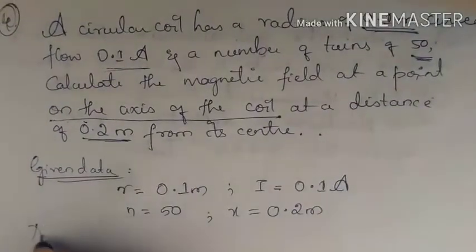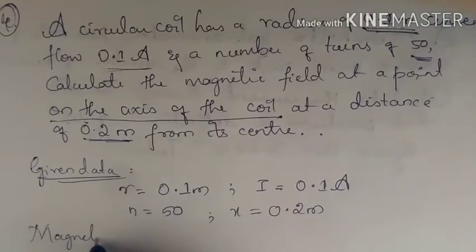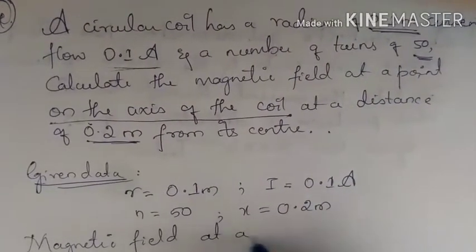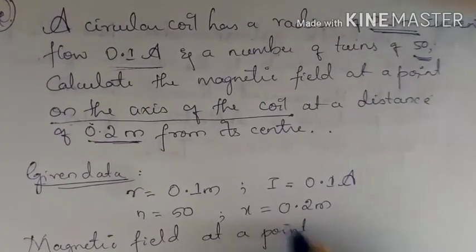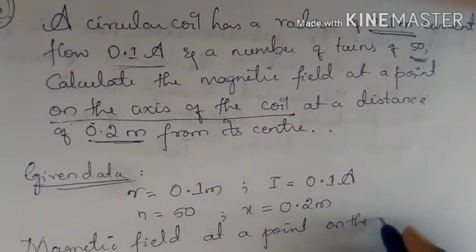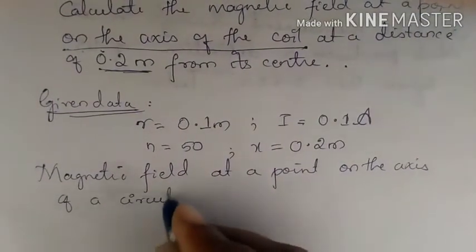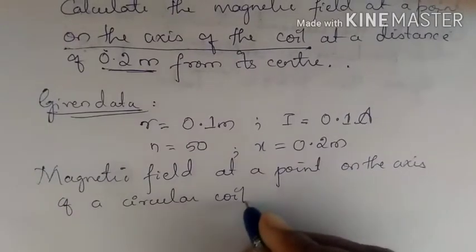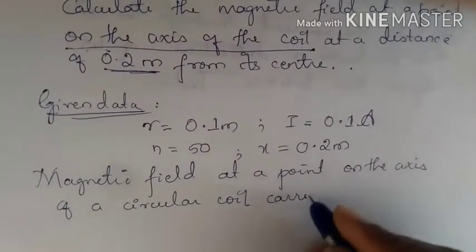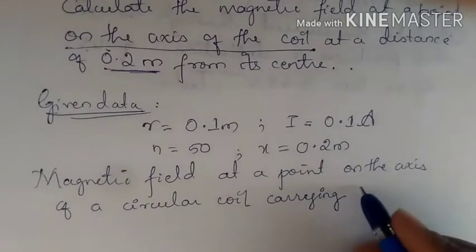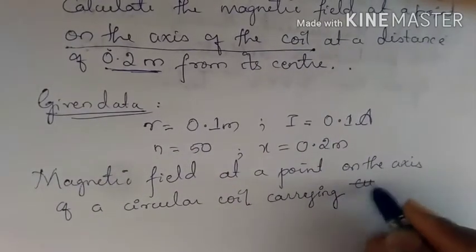Now what we have to find is the magnetic field at a point on the axis of a circular coil carrying current.